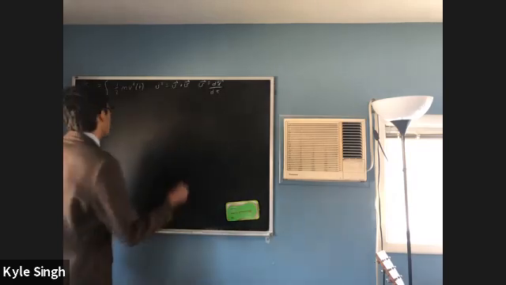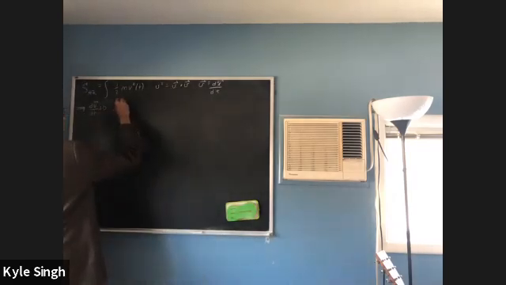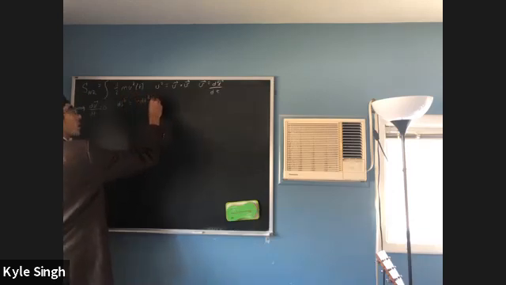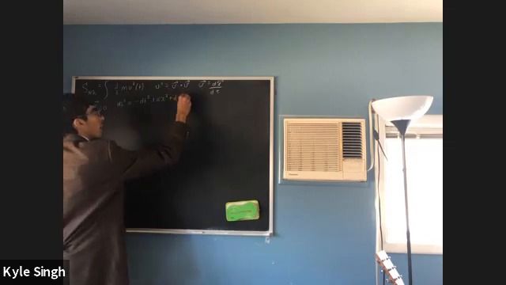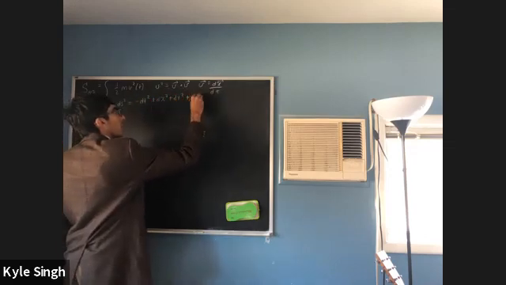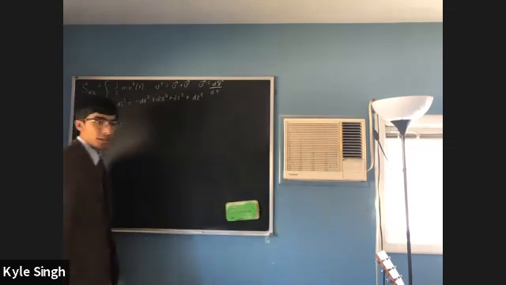Okay, we know in SR that ds squared equals minus dt squared plus dx squared plus dy squared plus dz squared.